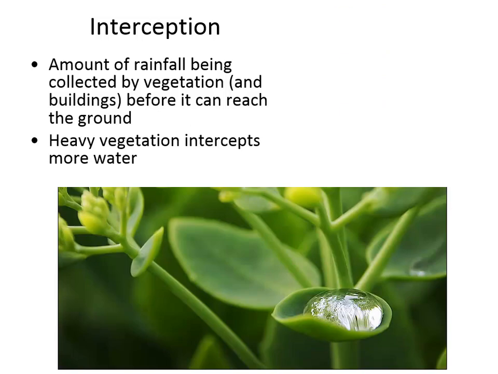And interception essentially is just plants that temporarily delay the movement of water through the watershed. And you can see here this image is of a raindrop that's just being cupped by a plant, and how much water is intercepted by a plant is going to depend partly on the surface area of the plant that's horizontal. If this leaf was vertically oriented, it probably wouldn't have the capacity to hold as much water.